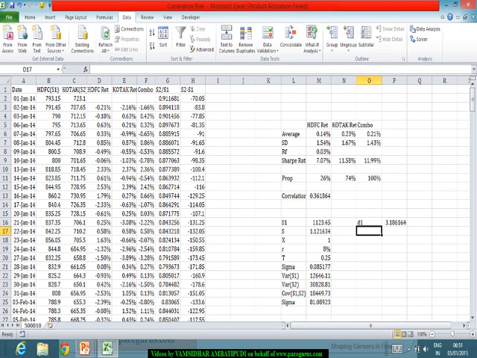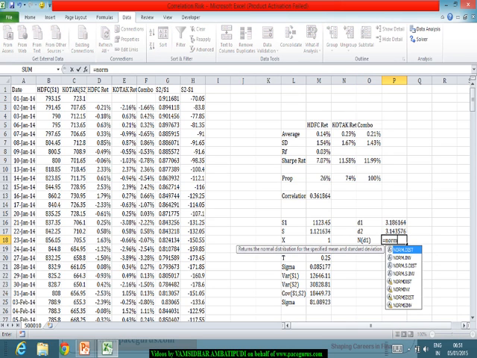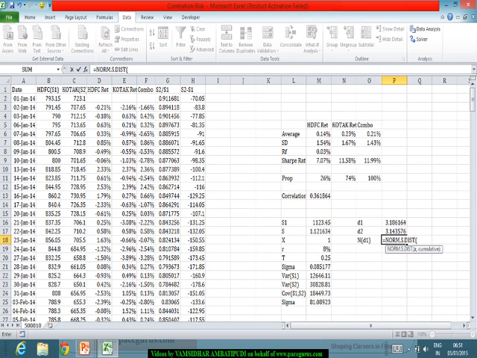Now this is coming out as D1, and I'll take D2 as D1 minus sigma into square root of T. I can compute N of D1 from the standard normal distribution, and similarly I can compute N of D2.